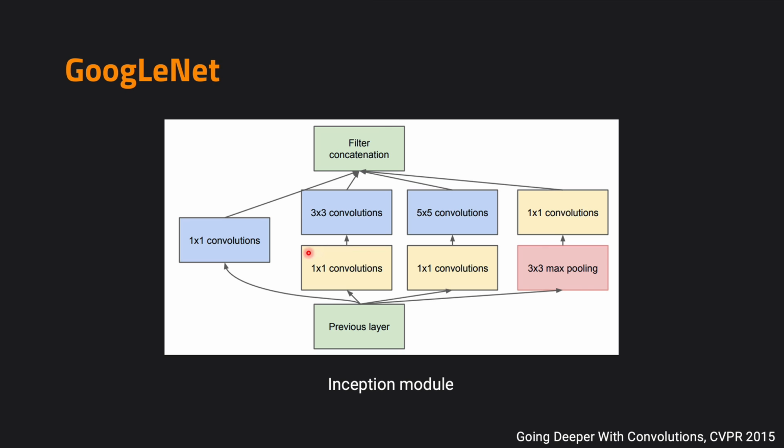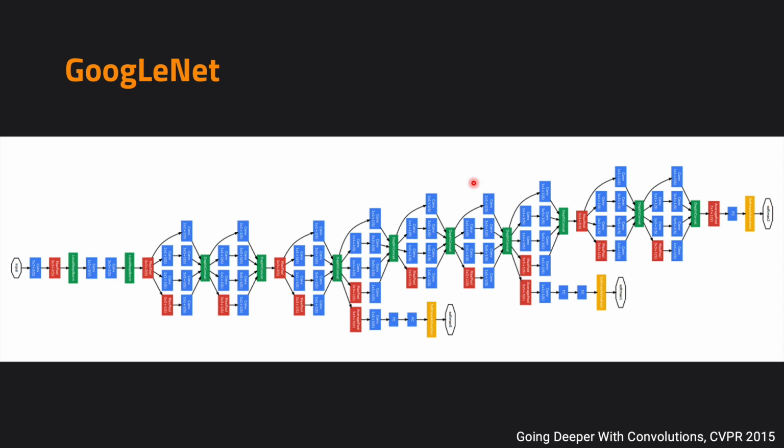They also add one-by-one convolution for dimension reduction, so that they can have some computation efficiency. Based on this simple module, they built a very deep network that keeps reusing this module again and again throughout the network.